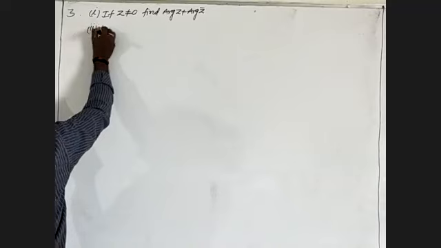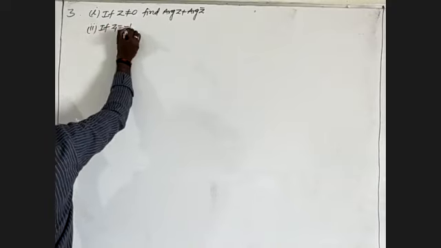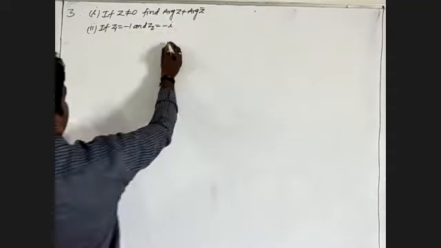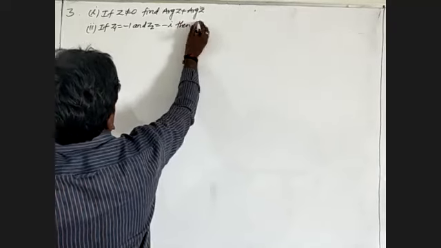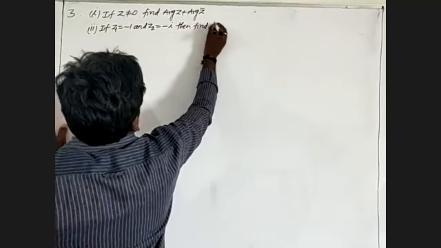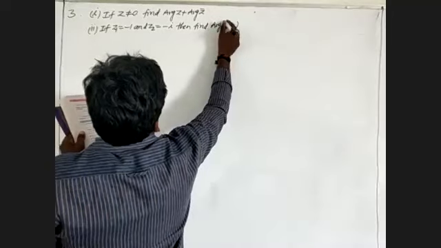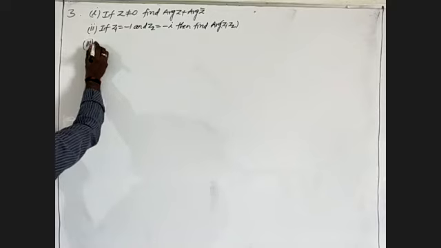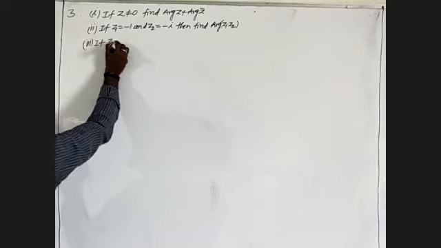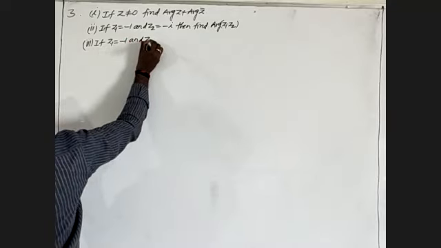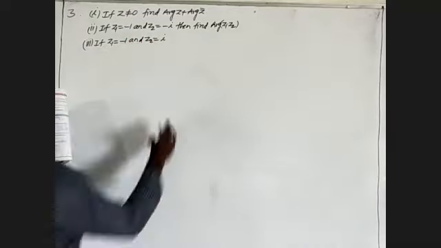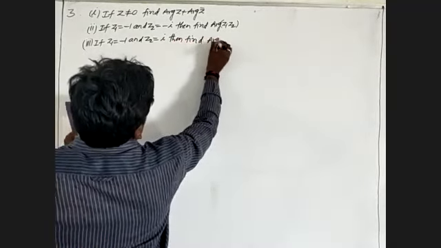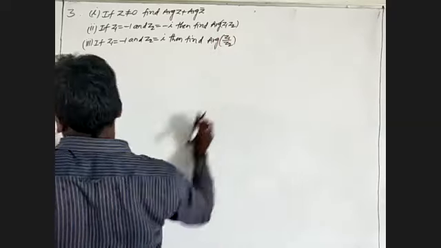Second one: if z1 is equal to minus 1 and z2 is equal to minus i, then find argument of z1 z2. After that, the third one: if z1 is minus 1 and z2 is i, then find argument of z1 by z2.